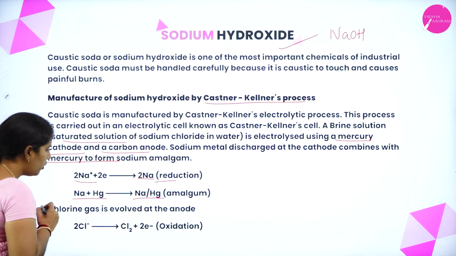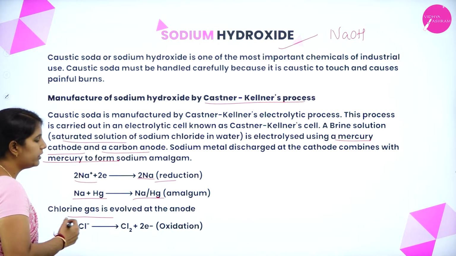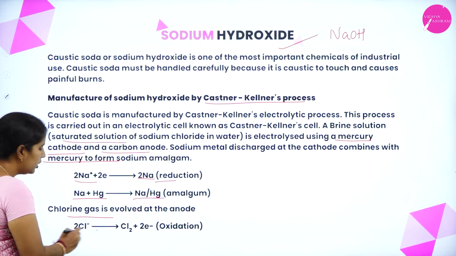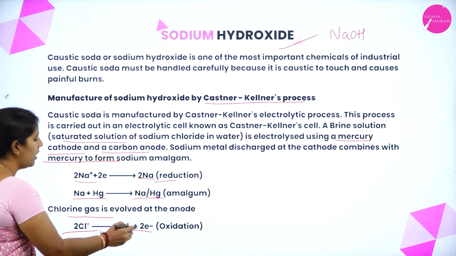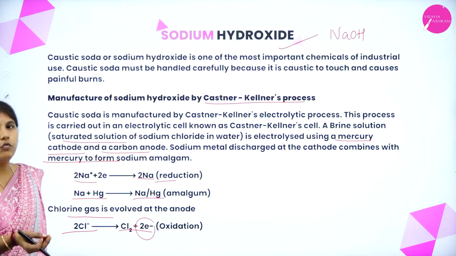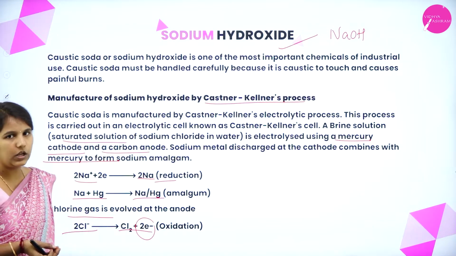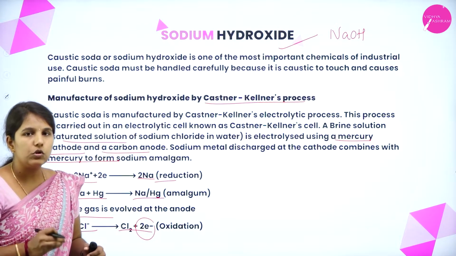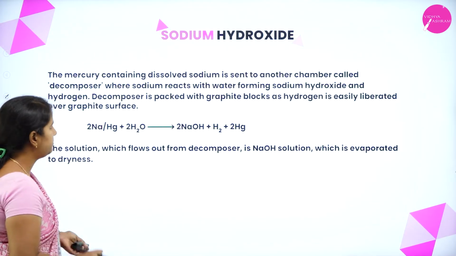Chlorine also evolves at the anode in the form of gas. The chlorine gives 2 electrons, and these 2 electrons are accepted by the sodium to form 2 sodium atoms. So chlorine is undergoing oxidation, whereas sodium is undergoing reduction.